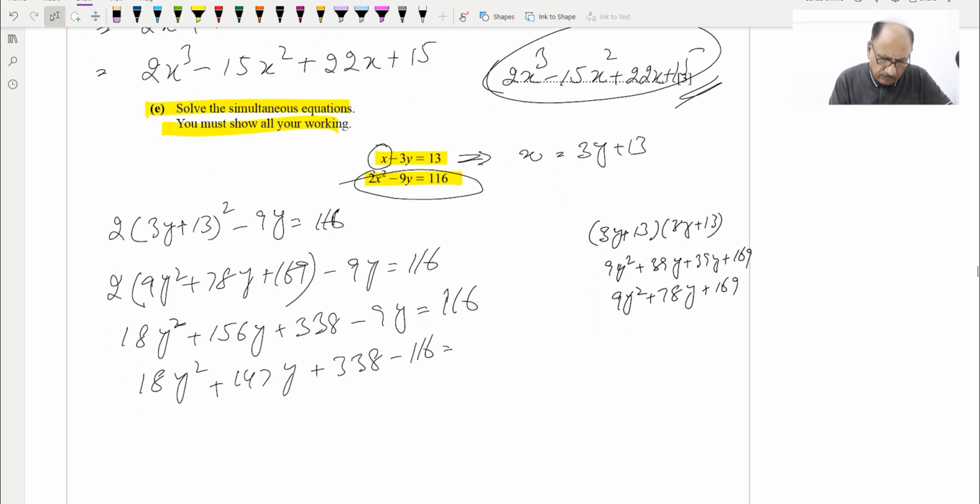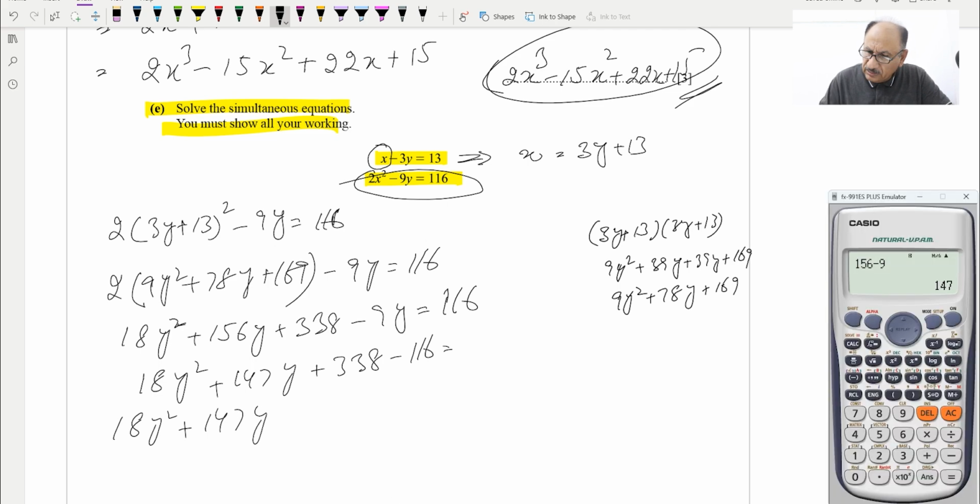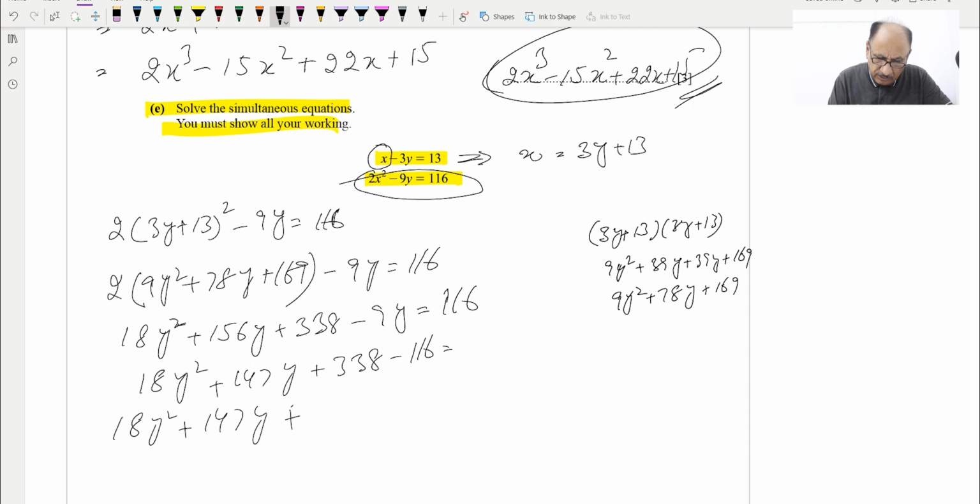So this one will be 18y square plus 147y, and 338 minus 116 is resulting to 222. So plus 222 is equal to 0.